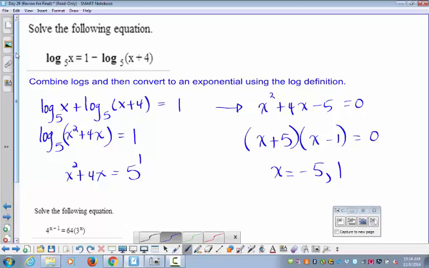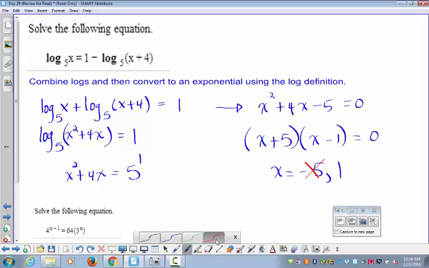If we go up there and look, we plug in -5, that cannot be a solution because we have log base 5 with a negative number, which is undefined. Even if we put -5 in over here, we get log base 5 of -1, which is undefined. So that definitely cannot be included as a solution.